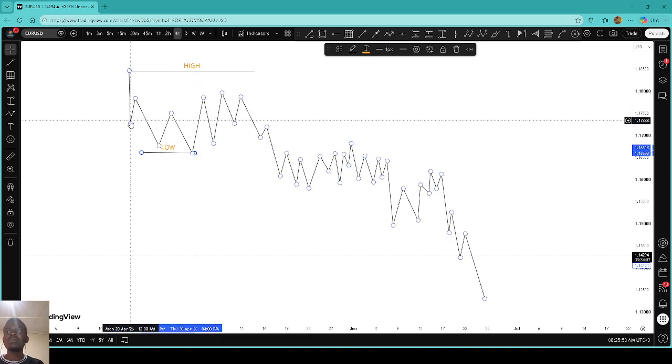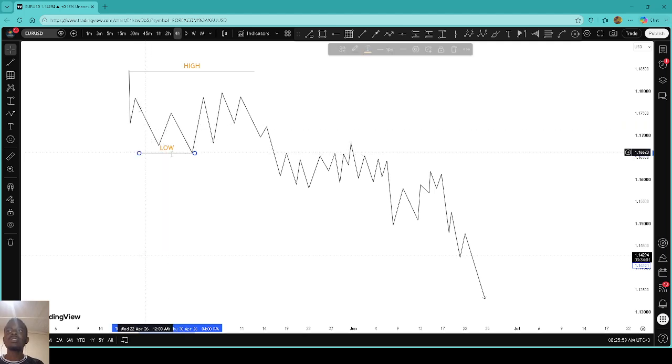Also, if we identify this as our low, then that means we changed our trend into a bullish move after breaking this lower high.